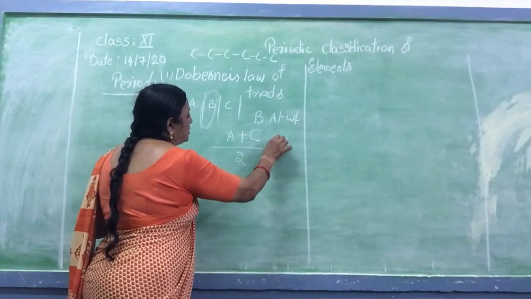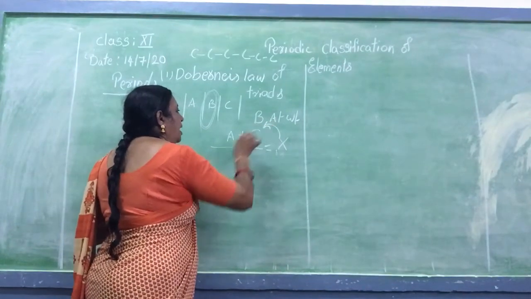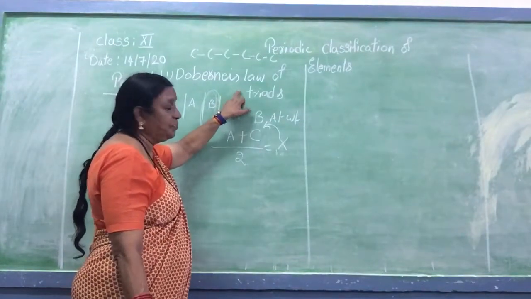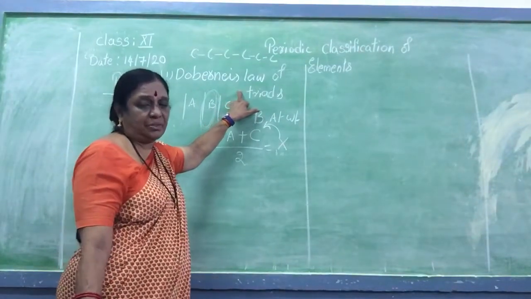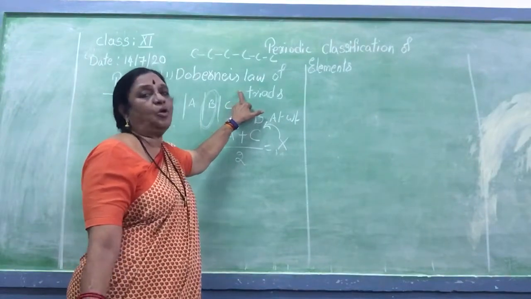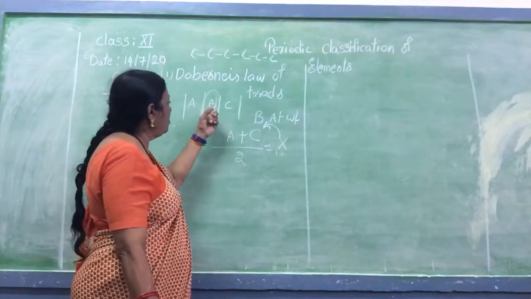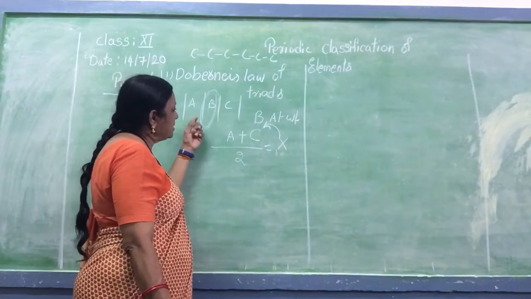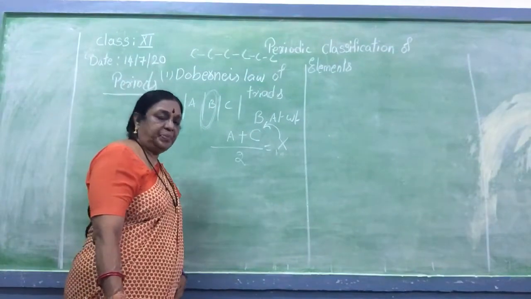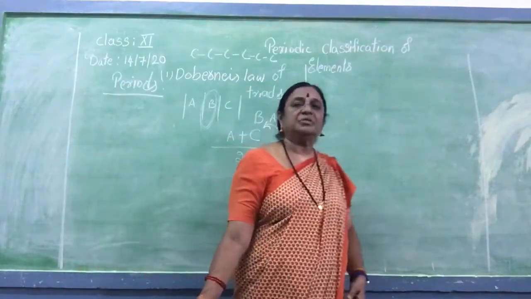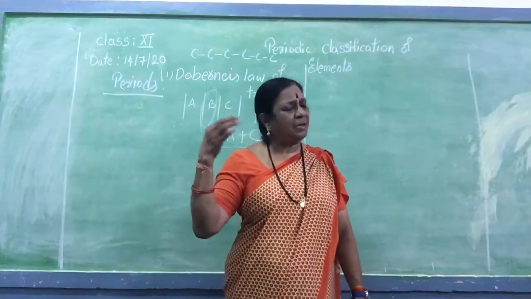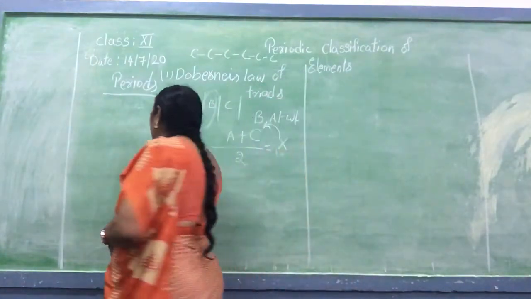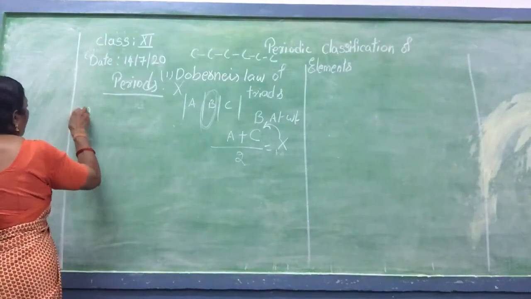You will get, suppose, X. X will be the atomic weight of B. So, according to him, when the elements are arranged in the increasing order of their atomic weight, the atomic weight of the middle element is the arithmetic mean of the first element and the third element. But children, this law was not successful for other elements also. So this is discarded.